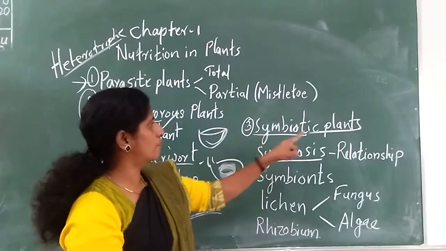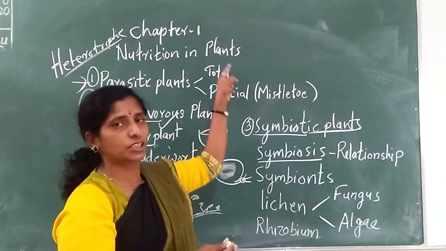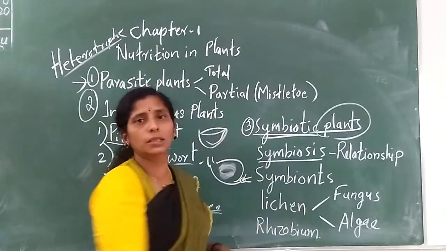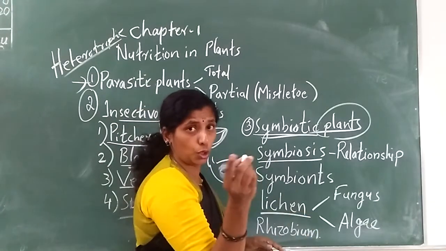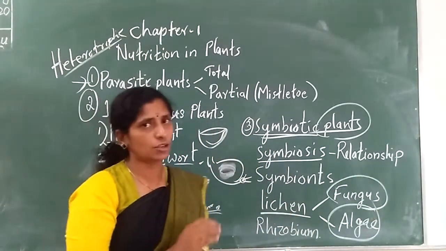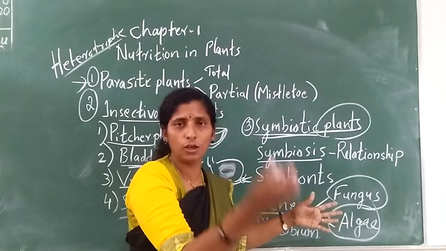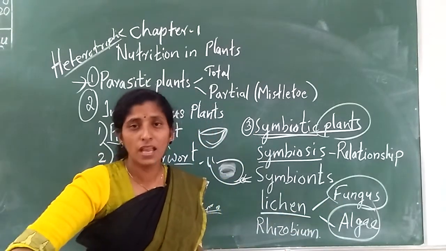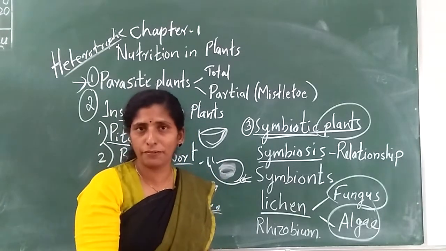In the case of plants, now we have talked about animals, but our chapter is nutrition in plants. In plants, the same relationship you can see, in the case of two organisms, fungus and algae. Fungus is not a plant. Algae also come under a very low category, and algae can synthesize their own food. It is green in color, it can do photosynthesis, and it will prepare food.